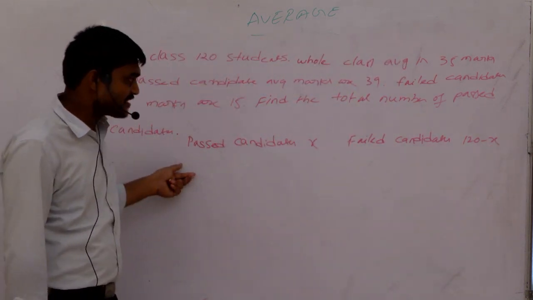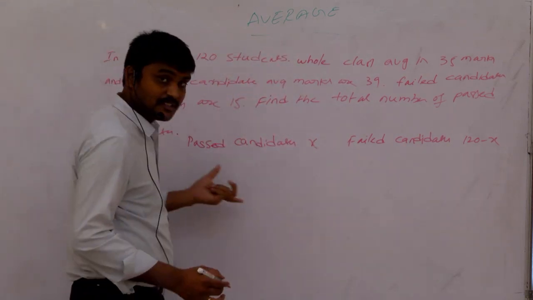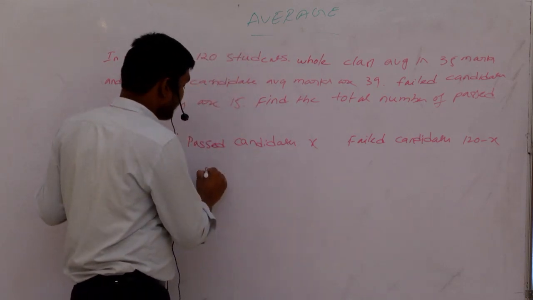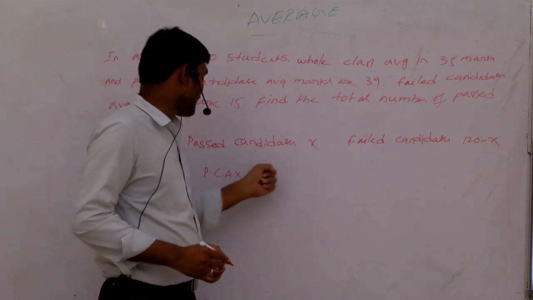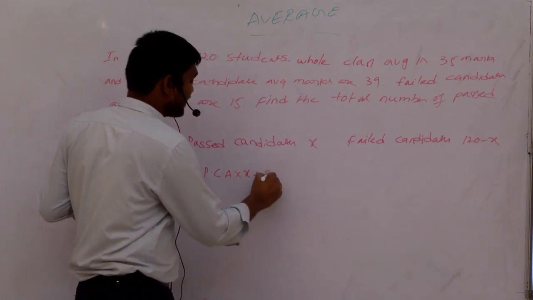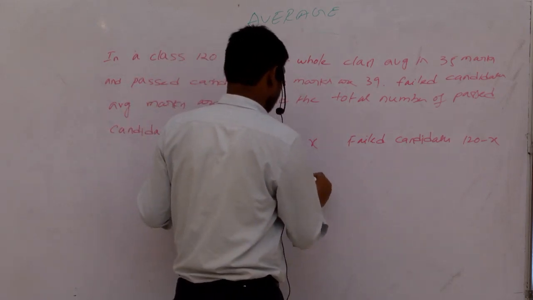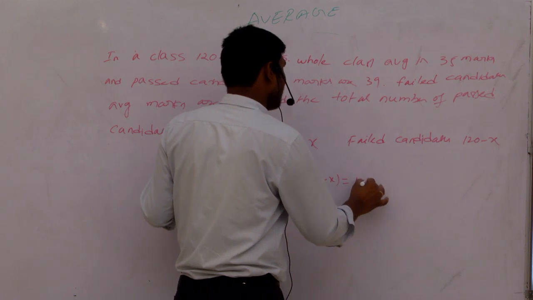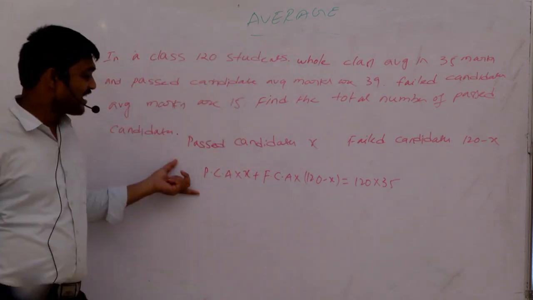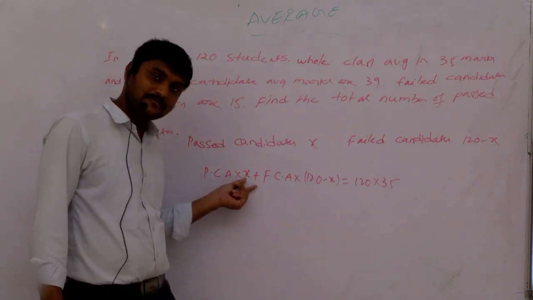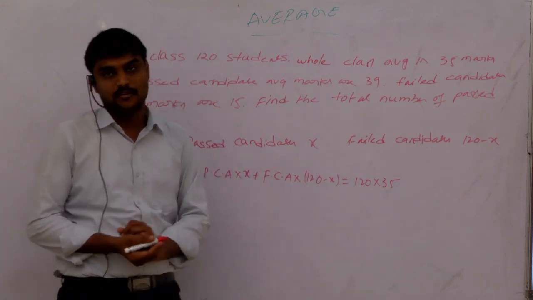According to the class average: passed candidates average into passed candidates, plus failed candidates average into failed candidates, equal to total class into class average marks.